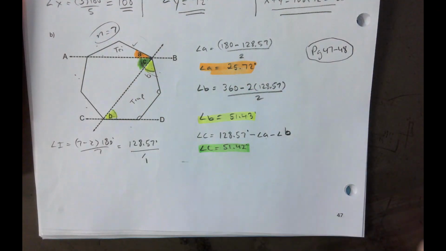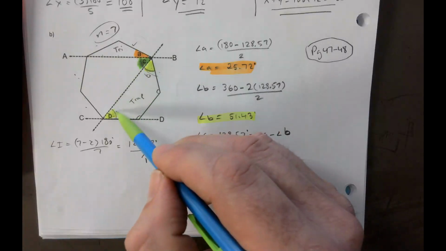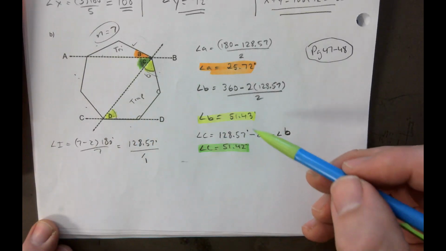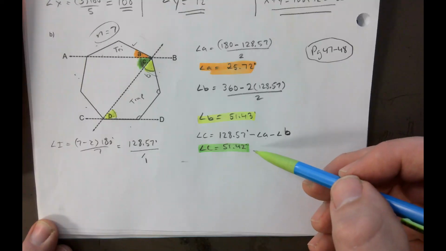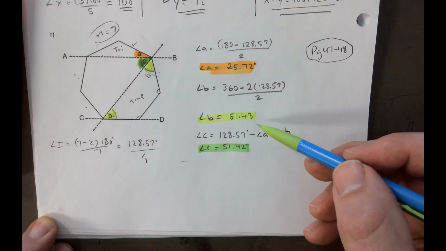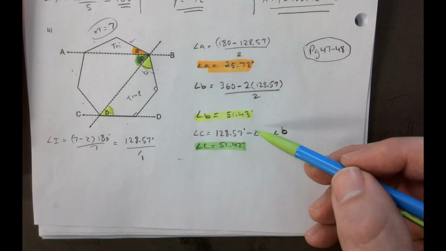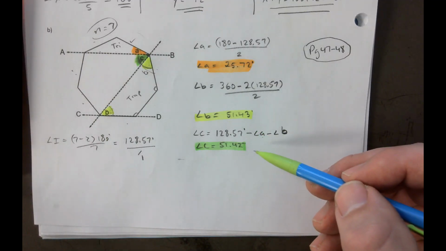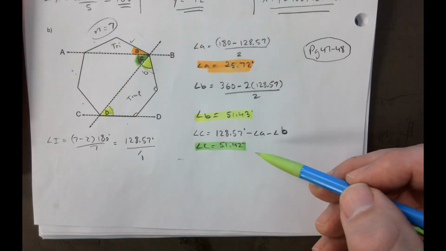Okay, and so B and C are alternate interior. And I know there's a rounding issue. If you were to use all decimals, they would be the same. So when it's like this, we're just going to ignore it. We're going to say they are the same for all intents and purposes, okay?